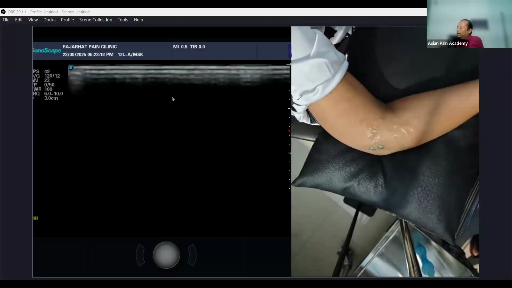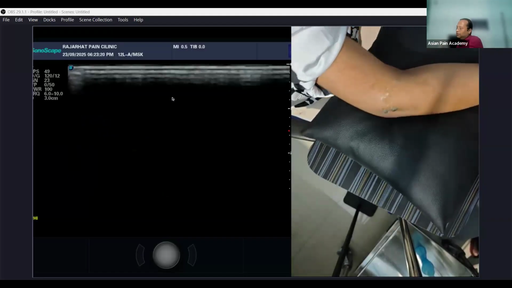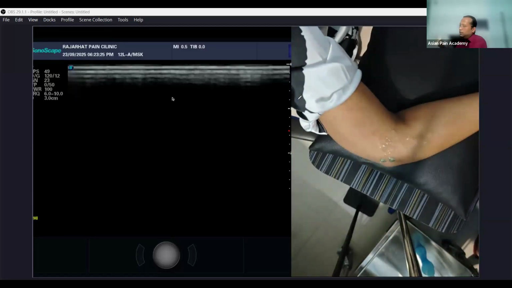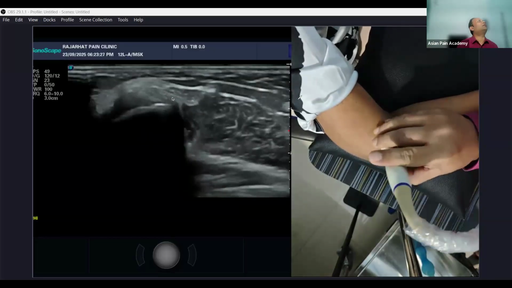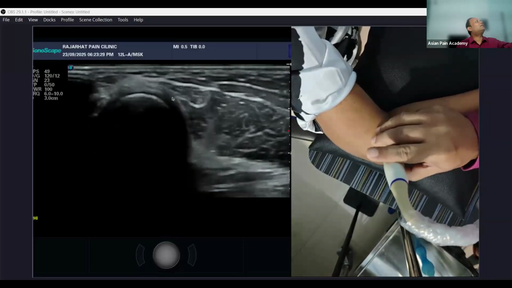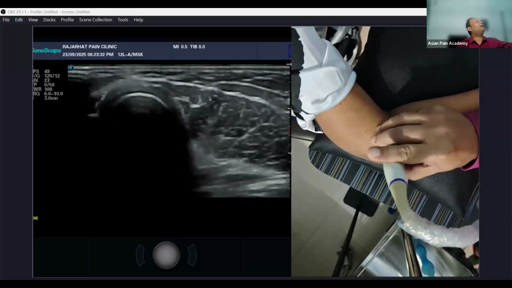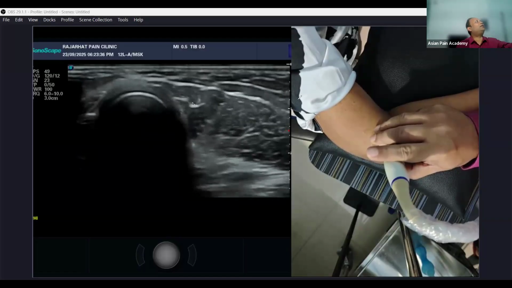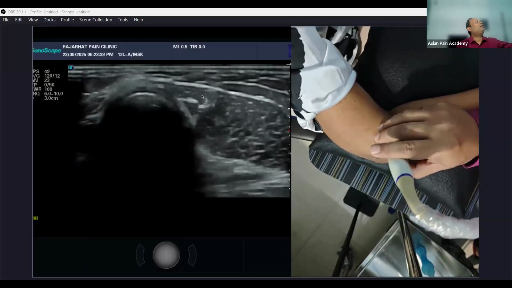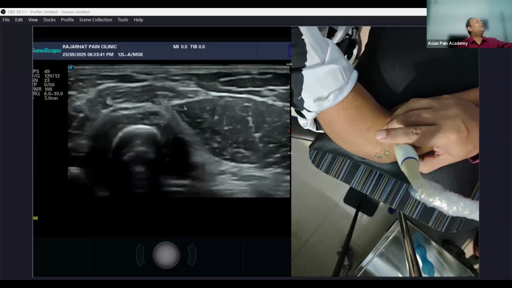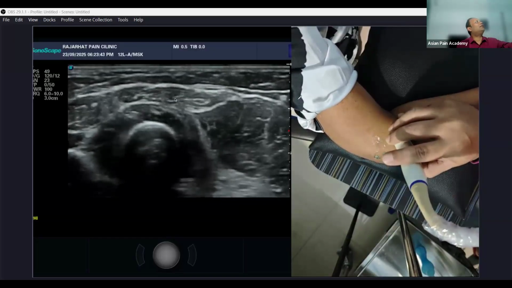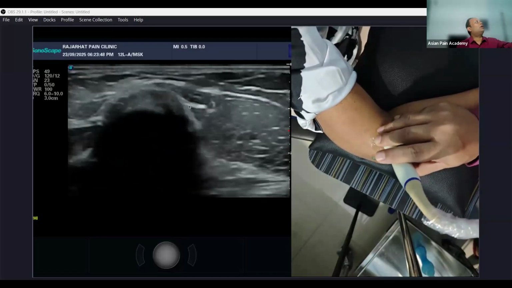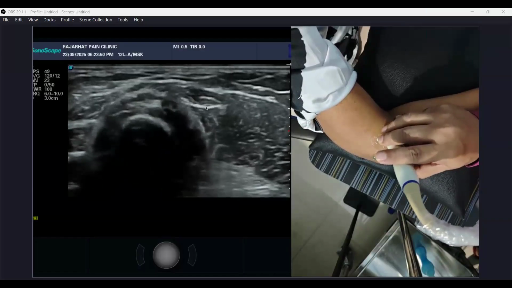I can keep the hand a bit more extended, and you can see that this scorpion tail appearance is nothing but the ECRB tendon. Then if I go a bit more distally, I can see this part of the muscle is coming here. Just remember where you see it.